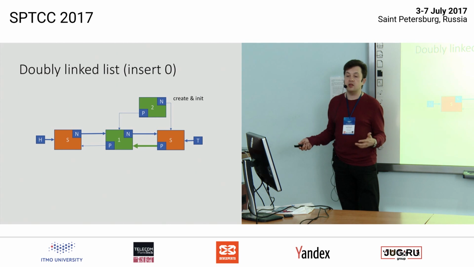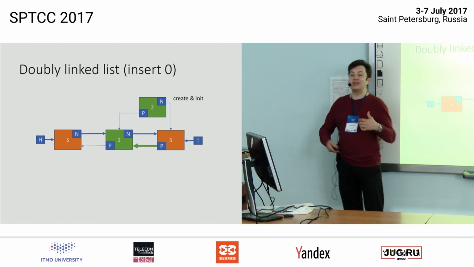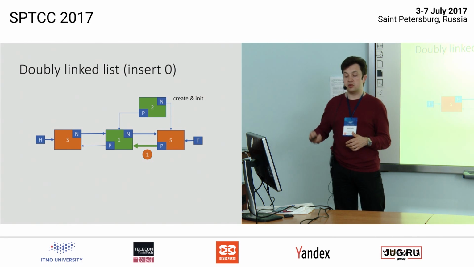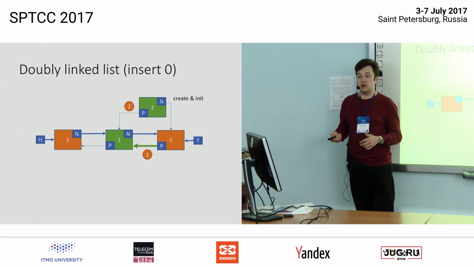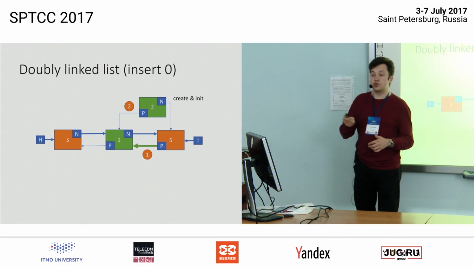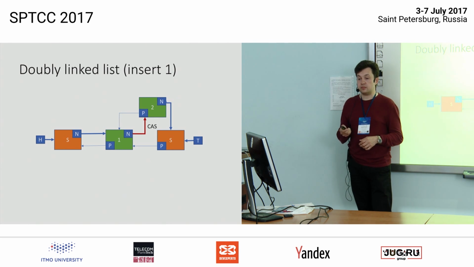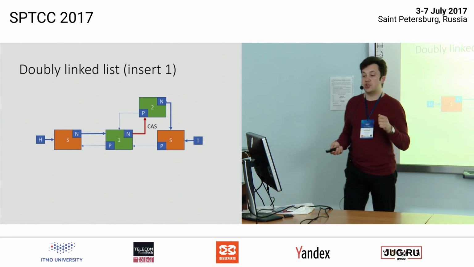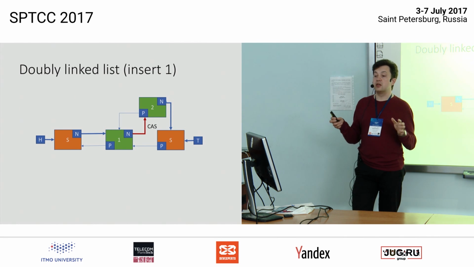We first create it and initialize its previous and next links, and then we have to actually link it into the list. In order to find the previous element, we use the link from the last sentinel to the left, and that's used to initialize the previous link in our node. Then we do a compare-and-set, one atomic operation that changes the next link in the first node, and that's it.